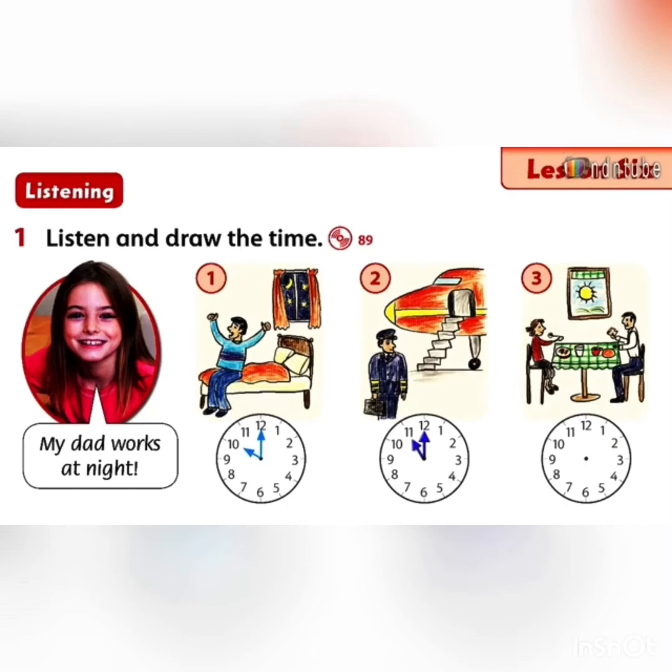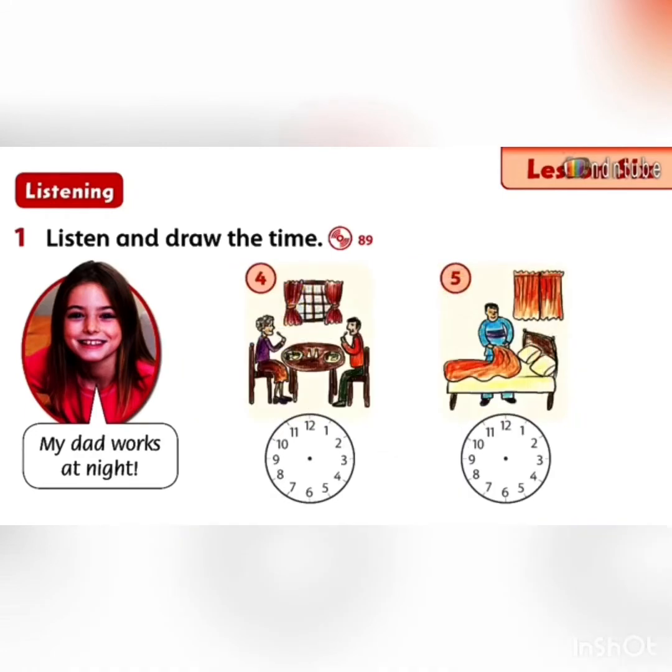I go to work at 11 o'clock at night. 3. I go home at 6 o'clock in the morning and have breakfast with Ruby. 4. I have lunch with Ruby's grandma at 12 o'clock. 5. I go to bed at 3 o'clock in the afternoon.